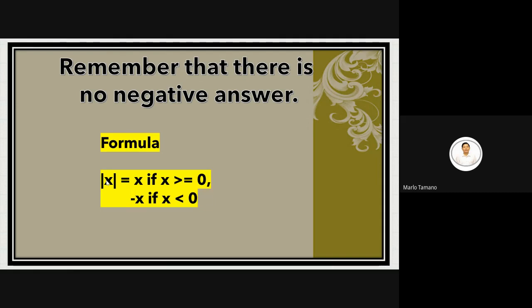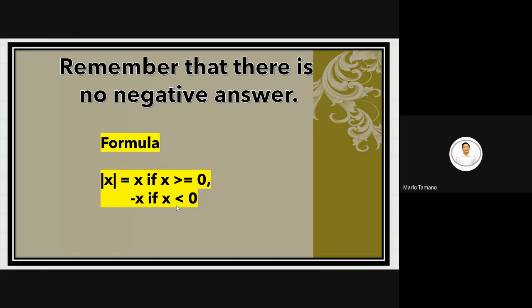Naintindihan? Okay. So ito naman po yung the absolute value of negative. The absolute value of x is negative x if x is less than 0. So ano naman po yung less than 0? We have the -1, -2, -3, -4, -5.